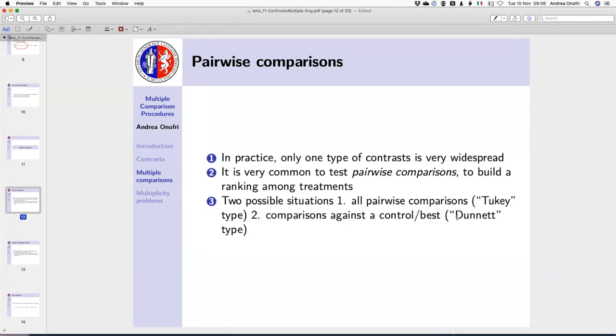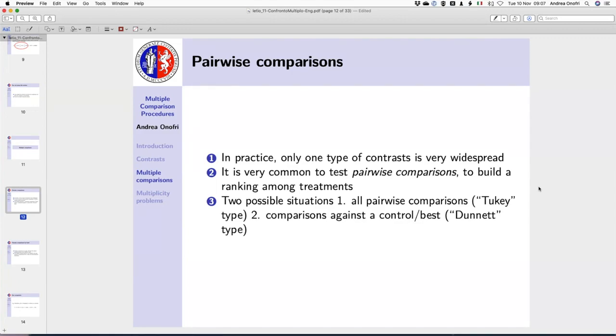And this is the Dunnett type. So telling you again, the Tukey type of contrasts is all pairwise comparisons. In this case, we have 4 means. So it's 4 by 3 is 12 divided by 2. That is 6 possible pairwise contrasts.